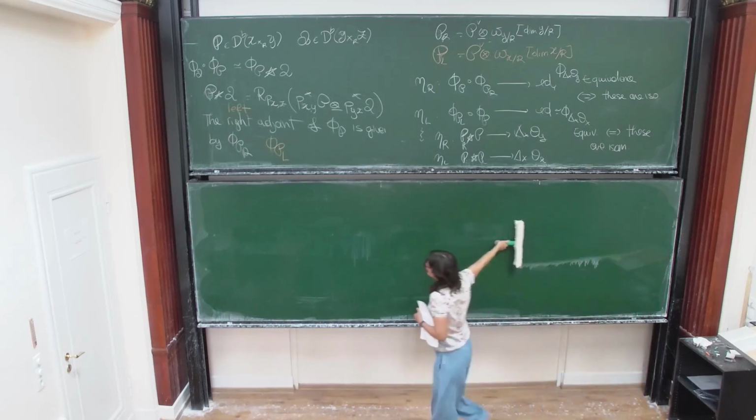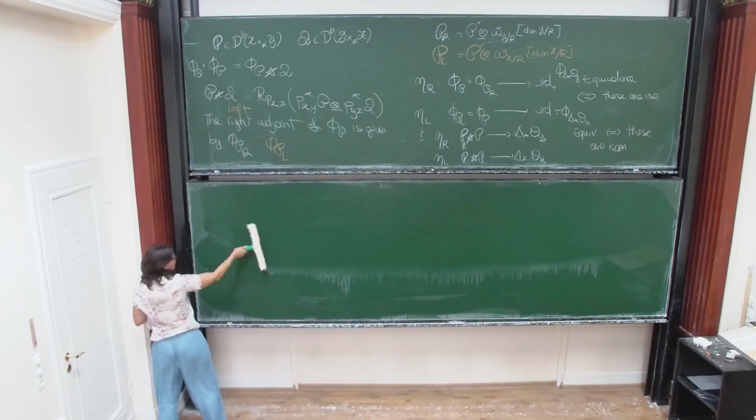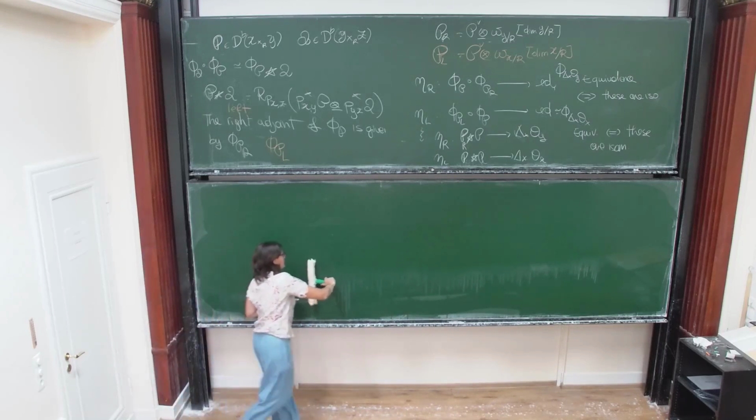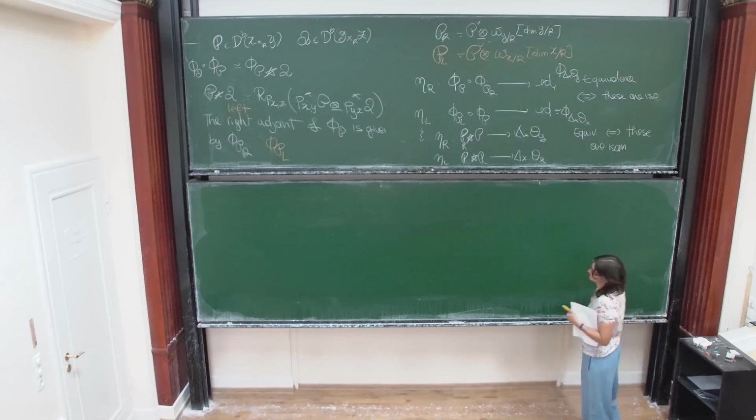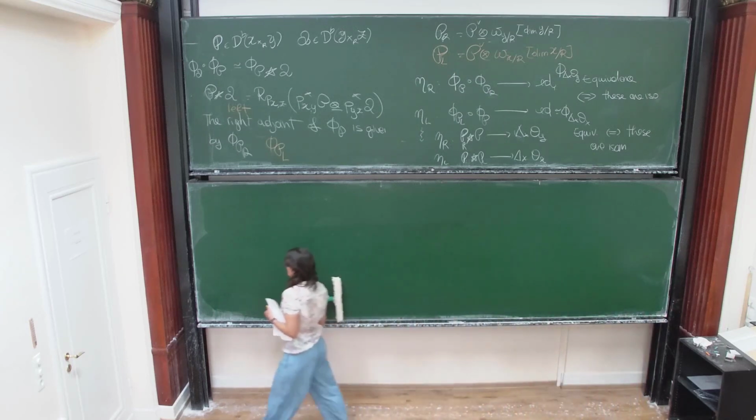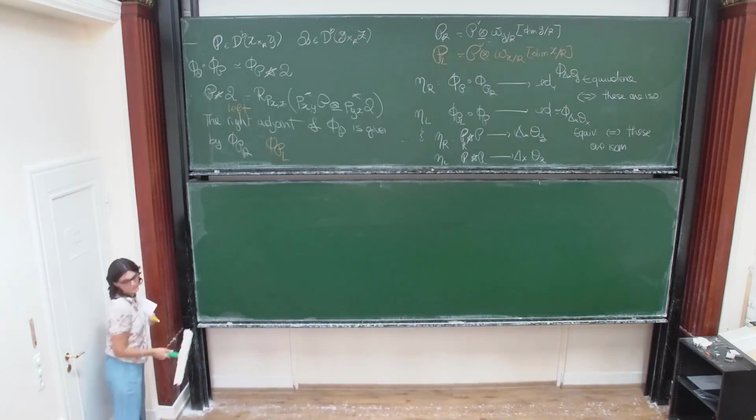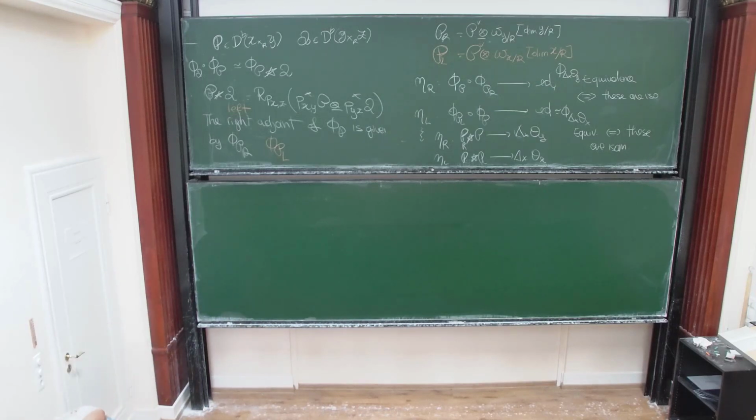Okay, so we solve the equivalence. So if we find, given a deformation of Y, a deformation of X such that the kernel lifts, then the lift will induce an equivalence on the generic fiber.